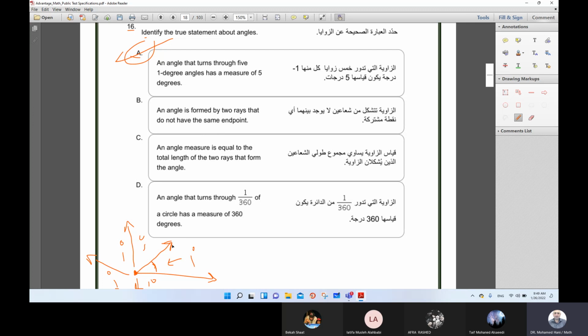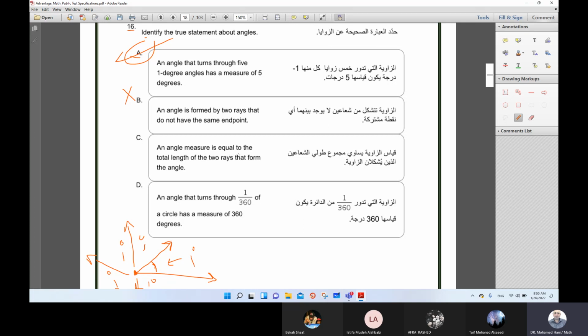And this is here the endpoint and here the endpoint. But here we have a common endpoint. So this is not true, because the angle, we have a common point in the vertex here.